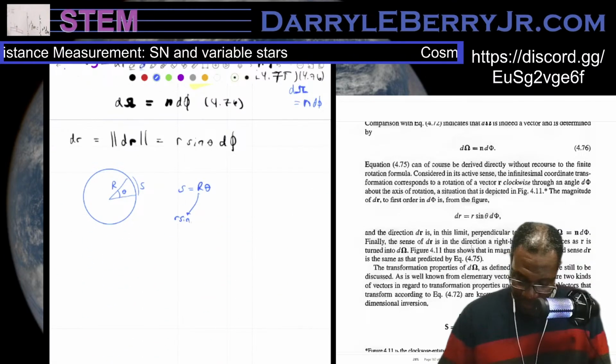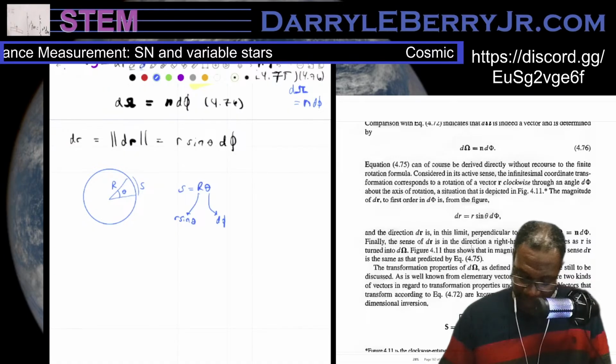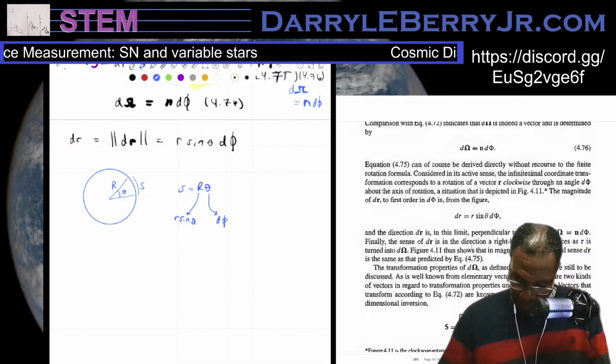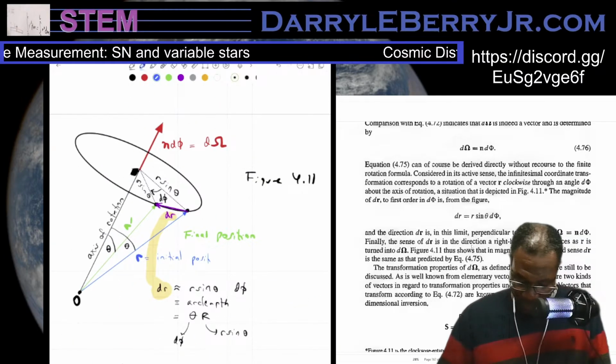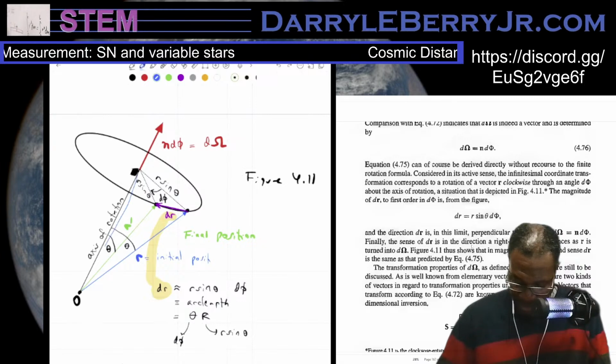R sine theta is R, and d phi is theta. Because this R sine theta is going to output this line here.